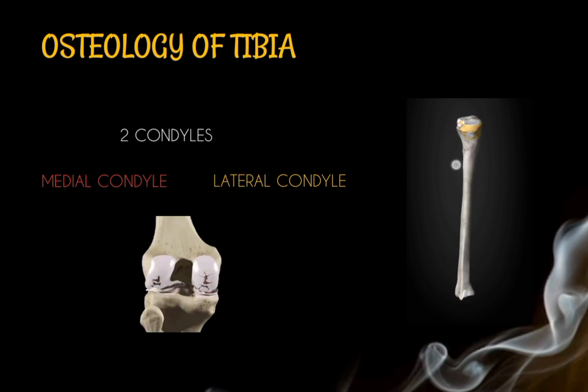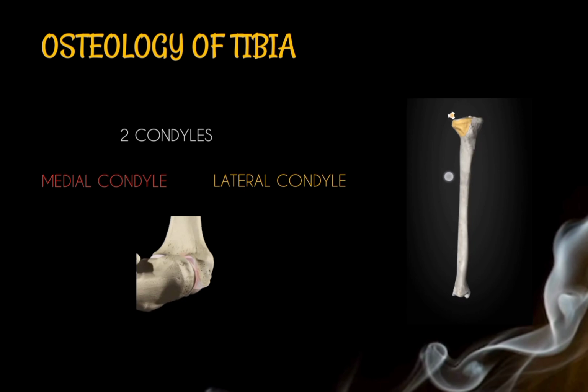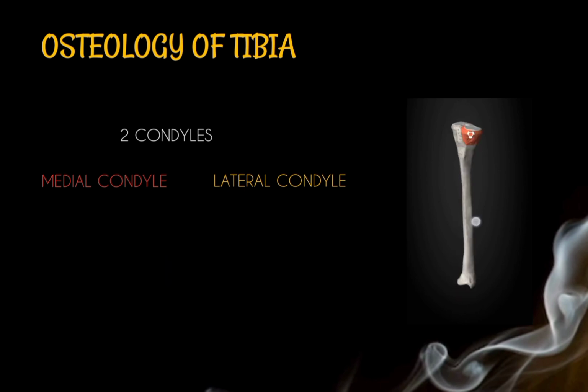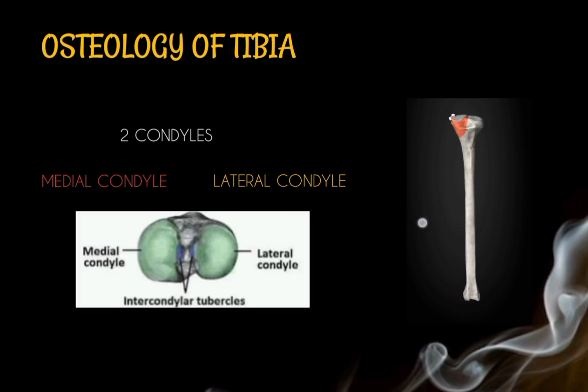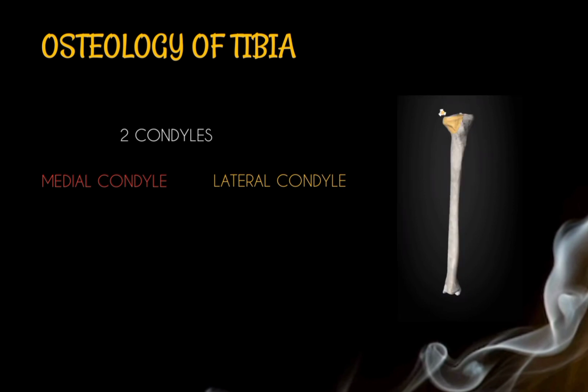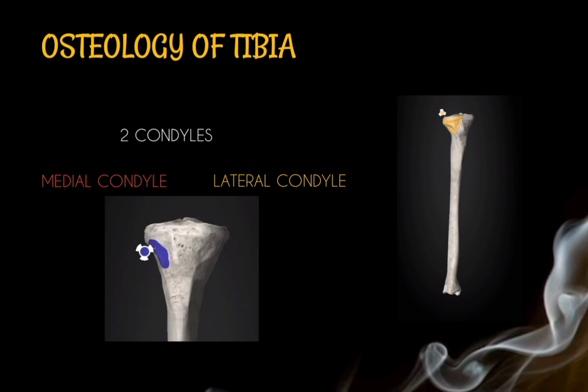Now guys, in order to differentiate which one is the medial condyle and which one is the lateral condyle, you will see that the medial condyle is larger than the lateral condyle. This is the first difference. The second difference is that the anterior aspect of the lateral condyle bears Gerdy's tubercle over here.